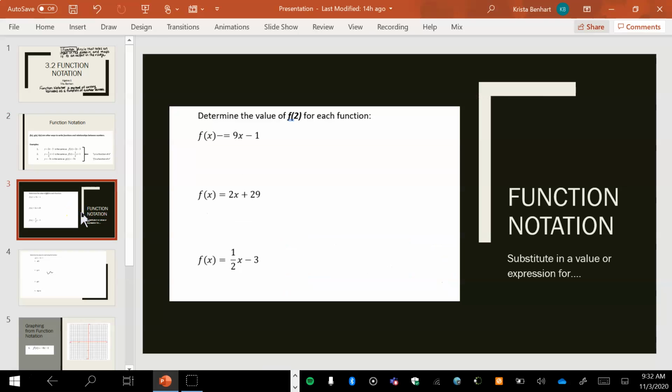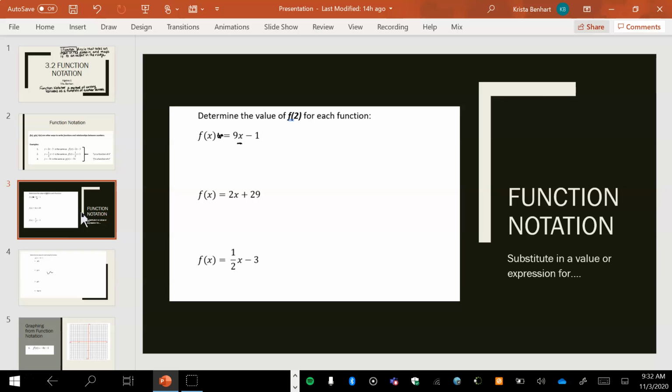Okay, so function notation really is saying substitute in a value or expression. So the first set of examples is determine the value of f of 2 for each function. So you need to plug 2 in for this x right there. Not the first one, because f of x is really y. This is really a typo right here, so get rid of that.